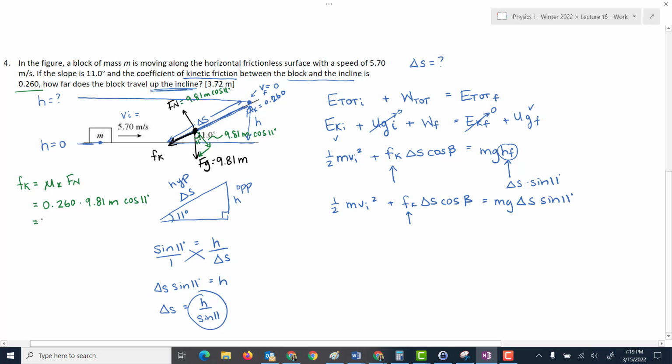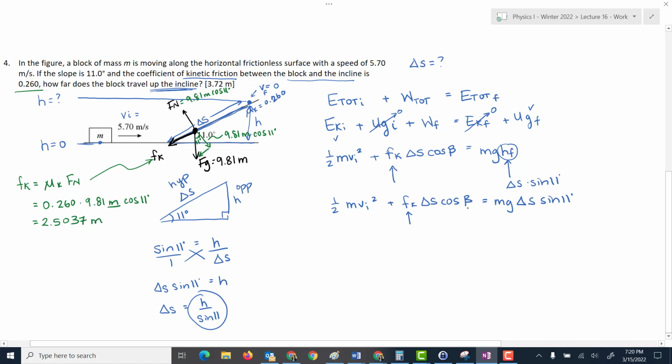So I'll just calculate this so that we have a value. So it's 0.260 times 9.81 cos 11. We get 2.5037, but there's still an m here, so I'm just going to write m next to it. Okay, so this is my force of kinetic friction. All right, so we know that value.